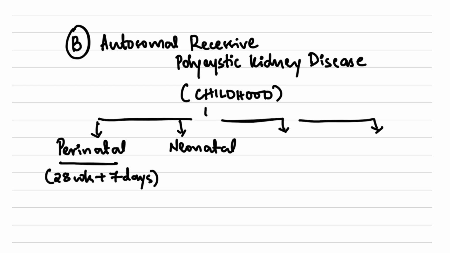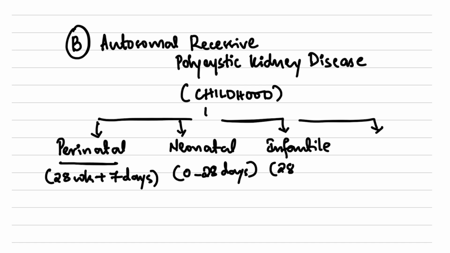As you all know, neonatal period is the 0 to 28 days. Then we have infantile. Infantile period is 28 days to 1 year, followed by juvenile. Juvenile period of autosomal recessive polycystic kidney disease is from 1 to 6 years.